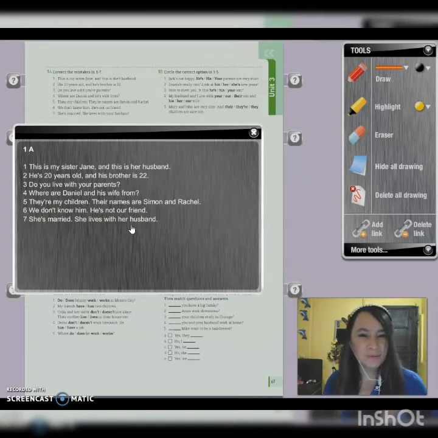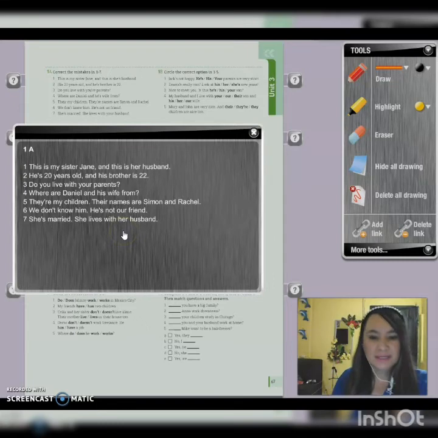Imagínense si hubiesen dejado ustedes, she's married, she lives with your husband. Ella está casada y vive con tu esposo. ¿Verdad? No, tenemos que tener muchísimo cuidado al momento de escribir o decir las oraciones. Be careful, okay? Take notes and we are gonna finish the class with exercise 1 be.